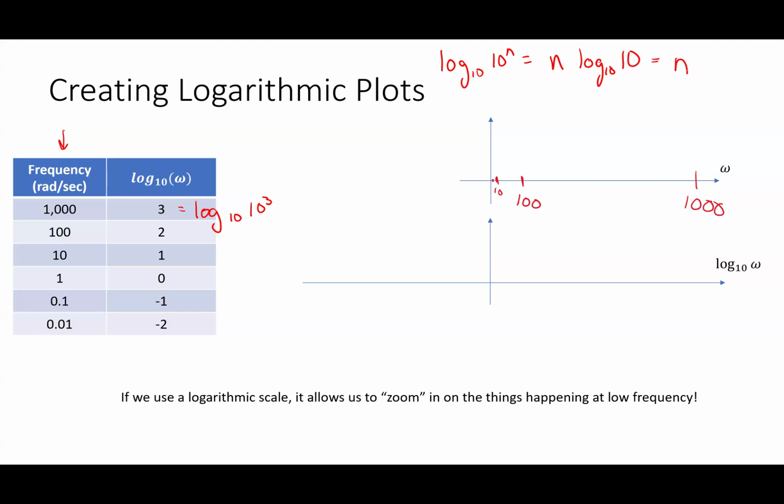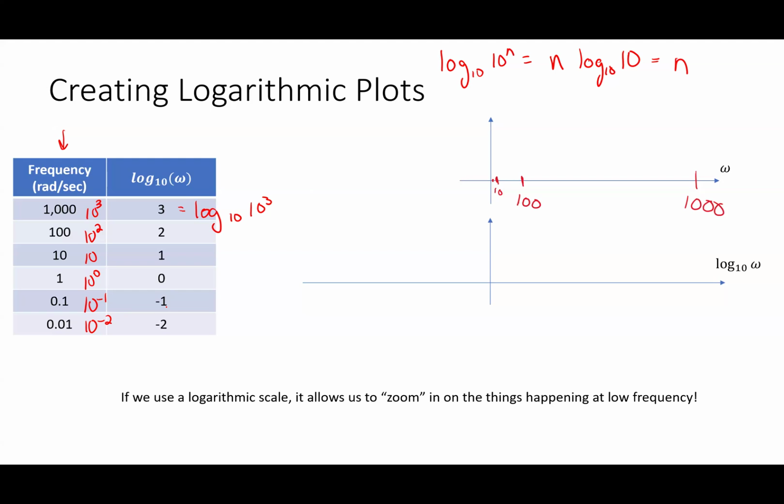So this becomes n. So on the log scale, as I go from 1,000 to 100 to 10 to 1 to 0.1 to 0.01, I'm going through 10 to the third, 10 squared, 10, 10 to the 0, 10 to the minus 1, 10 to the minus 2. So basically on a logarithmic scale, it just goes 3, 2, 1, 0, -1, -2.